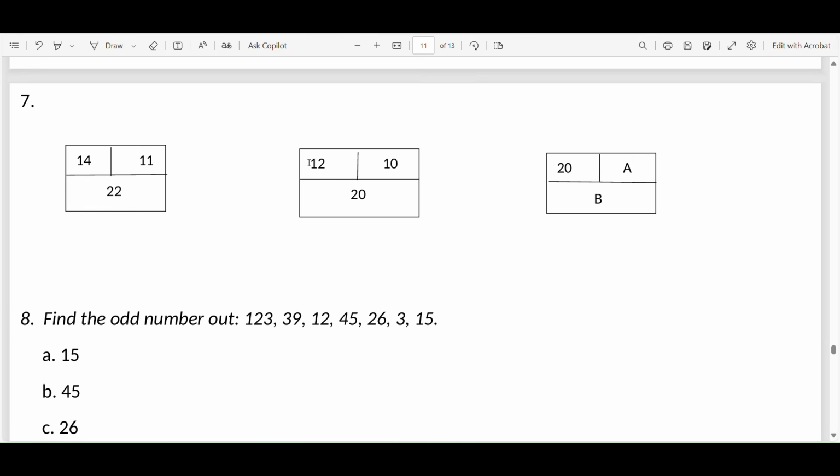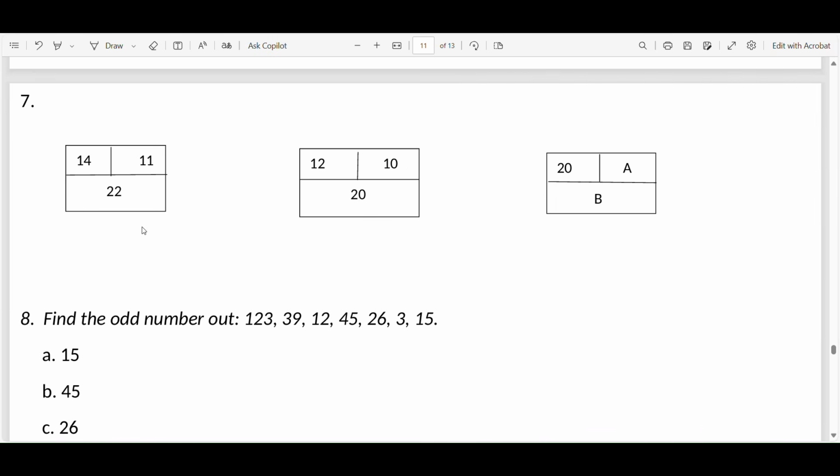But so let's see now. Okay, so yes, let's see here. See here, while adding both of them, you are getting 25, and we are subtracting 3 to get 22. And here, by adding both of them, we are getting 22, and by subtracting 2, we are getting 20.